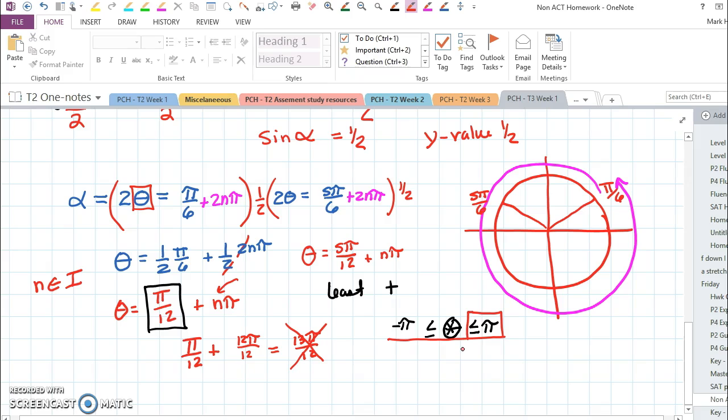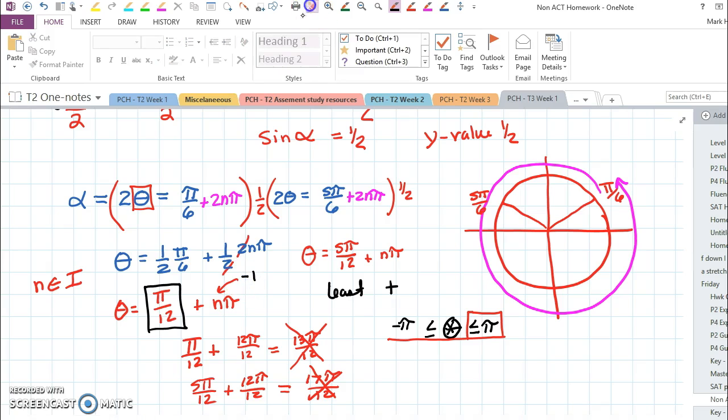That also means that if I took 5 pi over 12 and added pi, written as 12 pi over 12, that would also be too big. That's not going to work. But I could also have an n equal to -1. That's an integer. And that would make all of these additions subtractions.